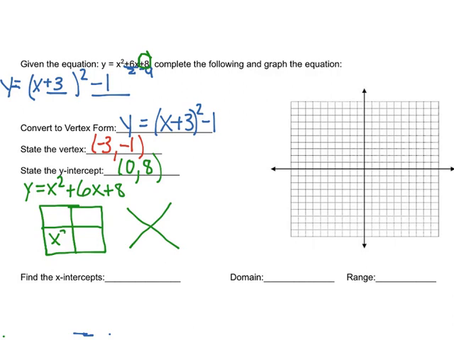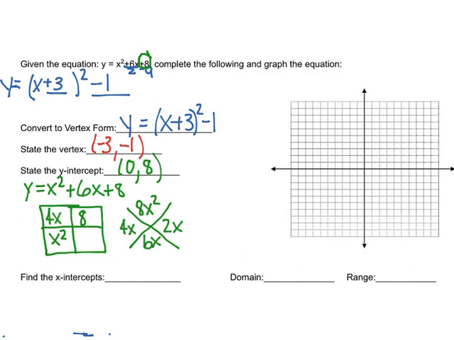So x squared goes here, 8 goes there, 8x squared up on top, 6x on bottom. So we're looking for two numbers that multiply to 8 and add to 6. That's going to be 4x and 2x. 4 times 2 is 8, 4 plus 2 is 6.